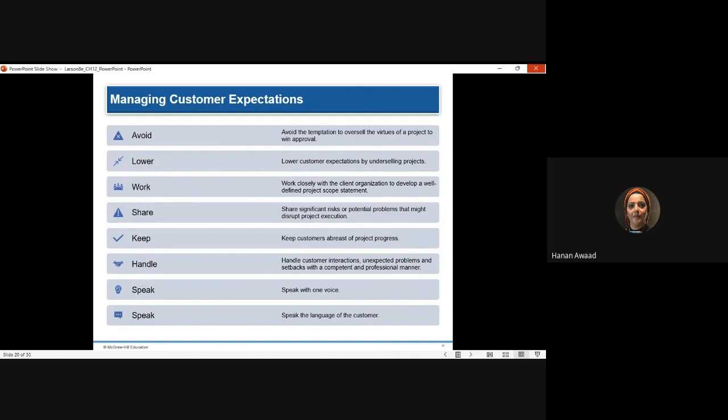A few things here. For example, speak with one voice. I worked with someone, and he was from the financial sector, the investment sector. And he was, I believe, dealing with loans or something like this. He was a manager.